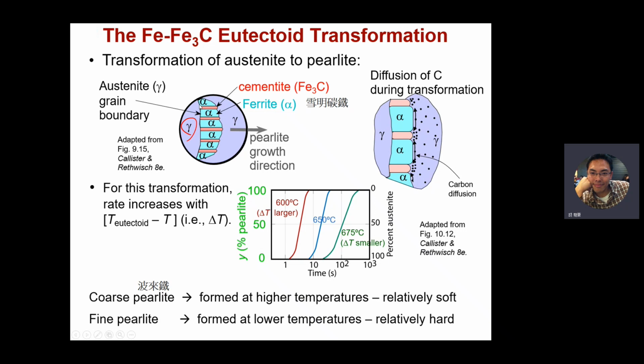And this layer structure is what? Pearlite. And pearlite consists of alpha and the cementite, right? For this transformation, the rate increases with delta T, as I already mentioned, right? Delta T. What is delta T?